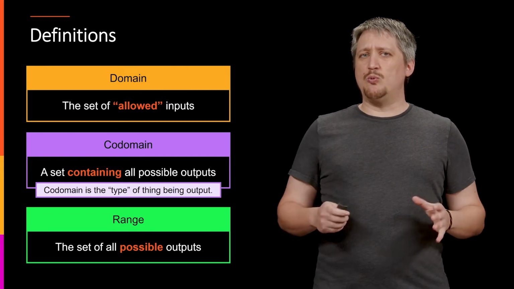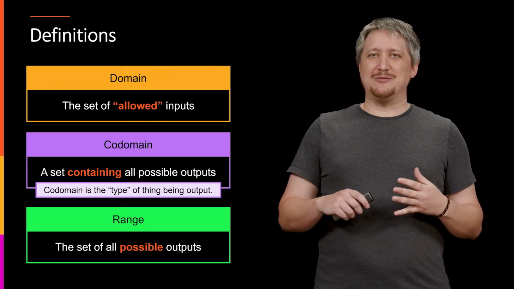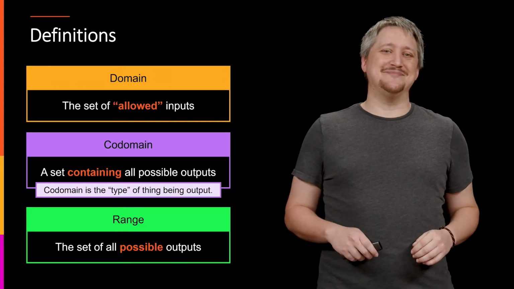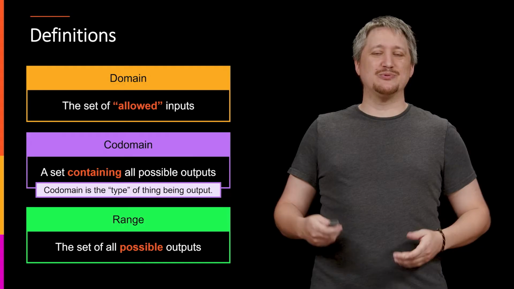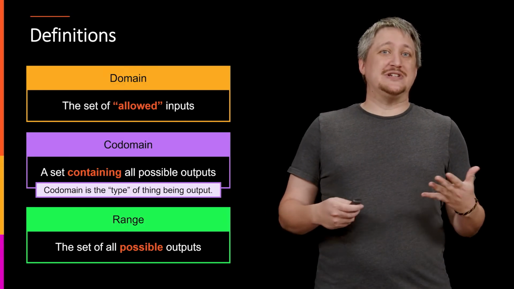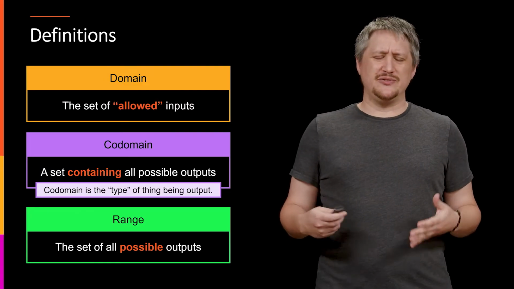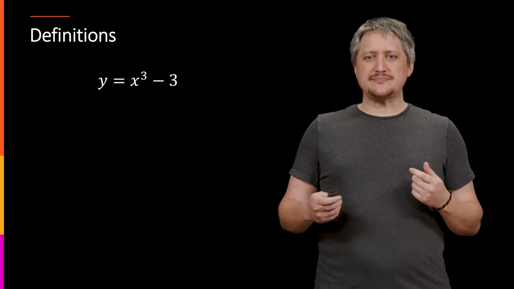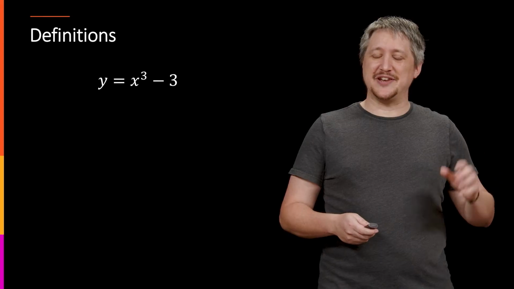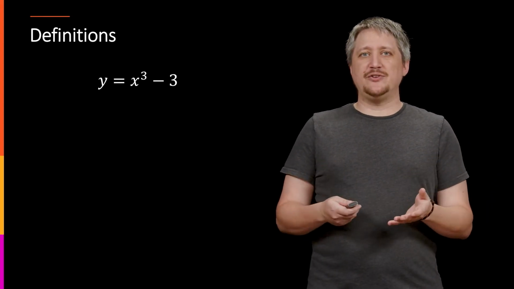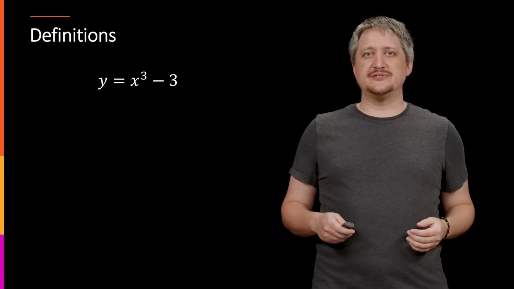Okay, so there's one more, I will say, unofficial definition, because this is one of those colloquial things you run into, and that's what is a natural domain. So to really dig into that part, let's think of a more typical equation instead of a vending machine. Now, I could give you our equation here, y equals x cubed minus 3.